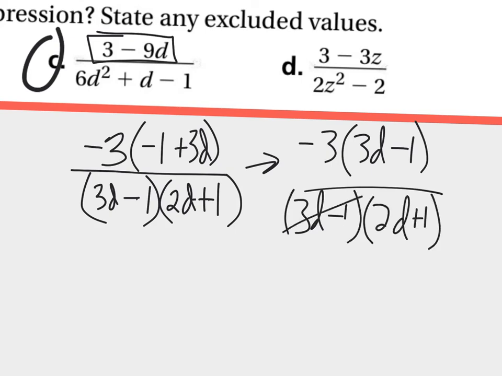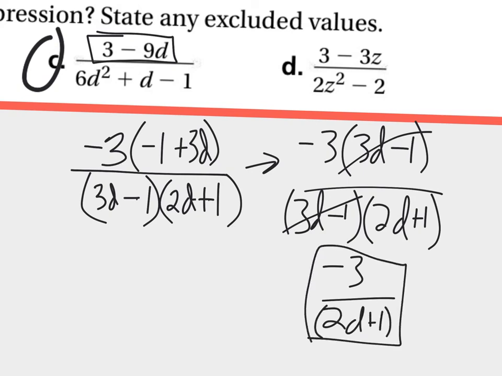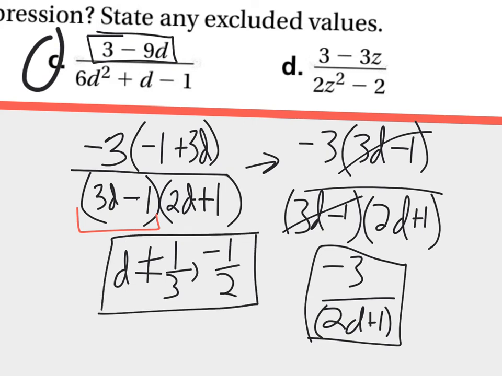And then we're allowed to cancel out the 3d minus 1s. I suggest keeping the 2d plus 1 in parentheses, just in case you might be tempted to cancel something that's not actually a factor. Excluded values for this first part would be that d can't equal 1/3 if you work that out, and for the second one would be negative 1/2. So these would be our 2 excluded values.